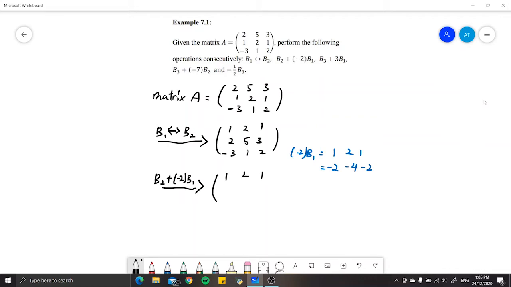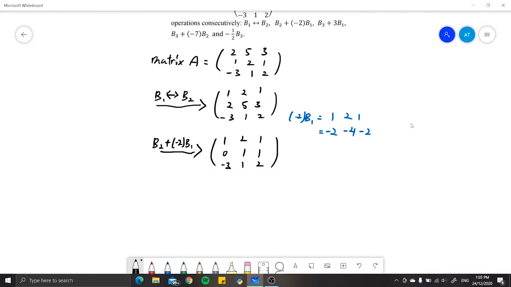We'll write the rows that are not involved in the operations first, and we leave the one that is involved at the last. So R2 plus this. Okay, so 2 plus negative 2 is 0, 1, and then 1.